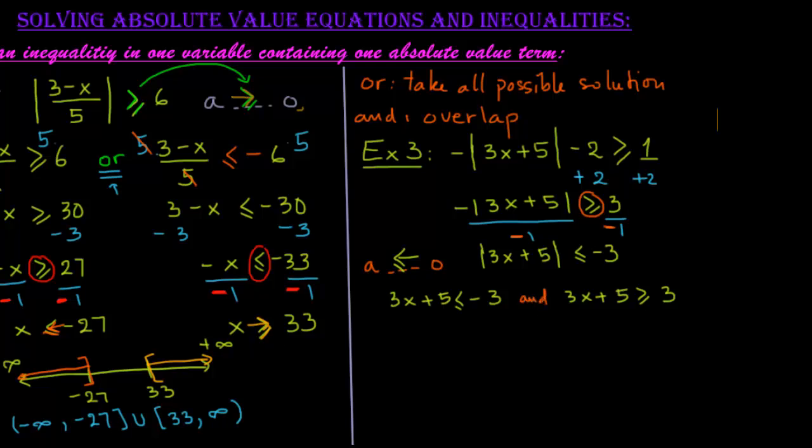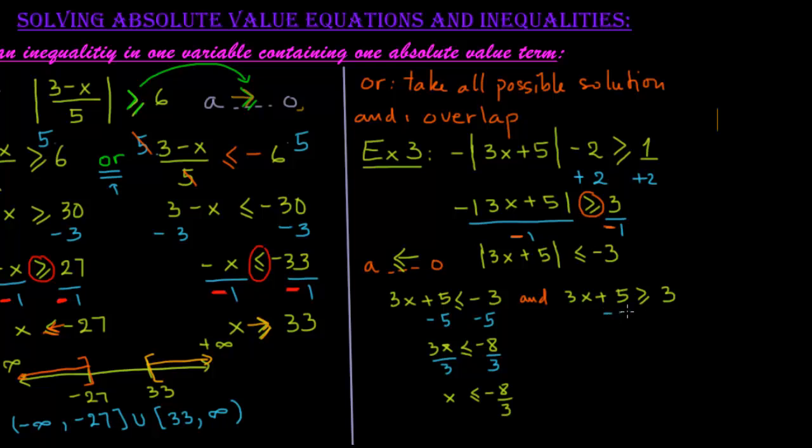So we have AND, then we solve each inequality. Minus 5 on both sides, we have 3x less than or equal to negative 8, and divide both sides by 3. We will have x less than or equal to negative 8/3.